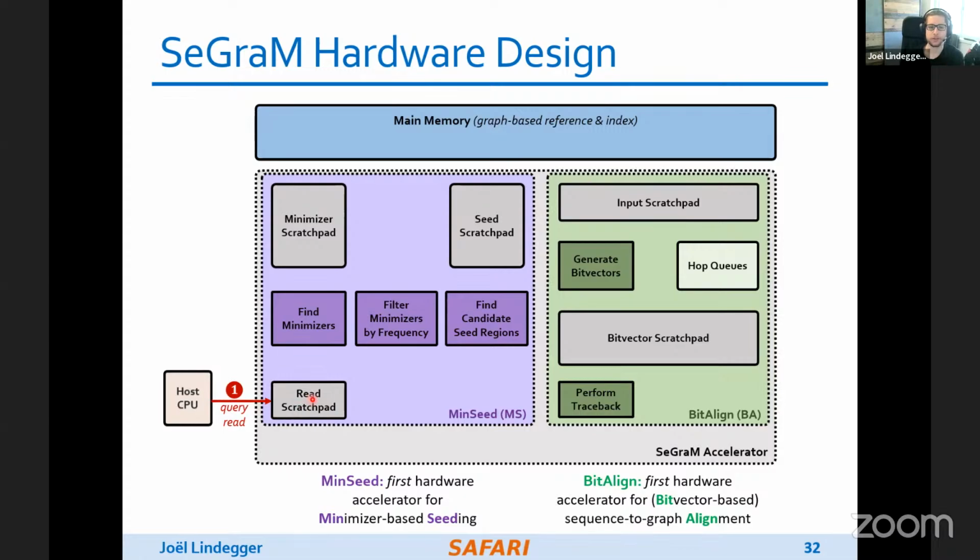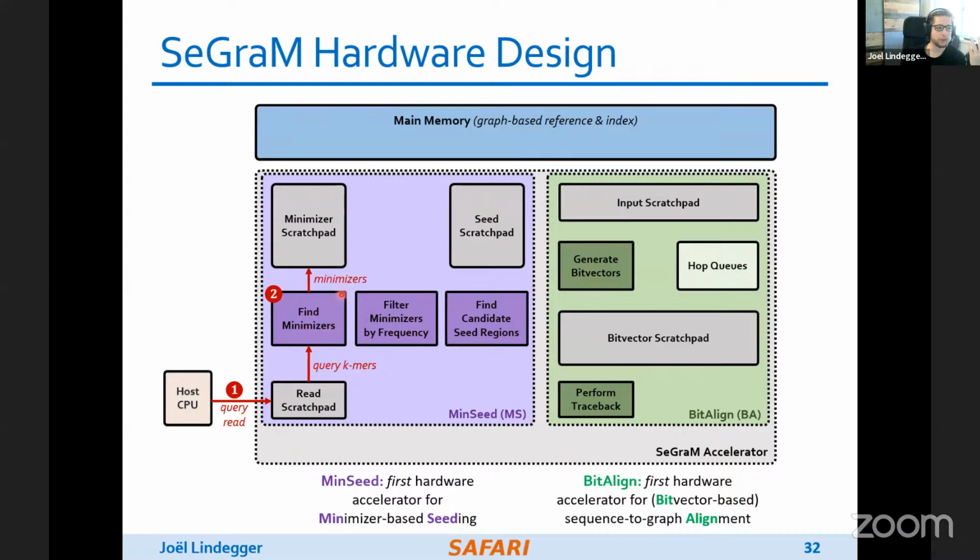A scratchpad is just an on-chip memory. Then we have a small computational unit that just looks at the scratchpad. It extracts all k-mers, so length k substrings from the read, and it just calculates which of those are minimizers. This is this minimizer strategy, which I believe I've introduced before in the course.